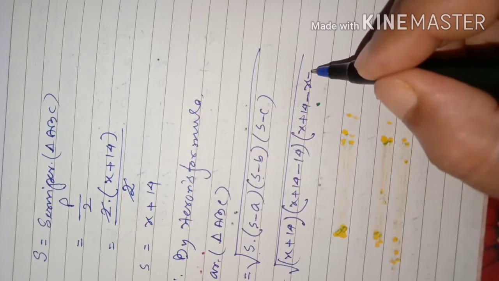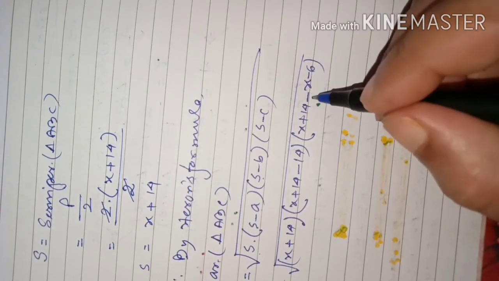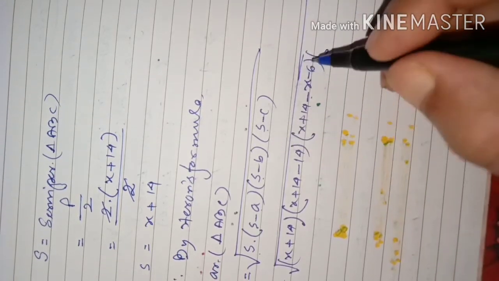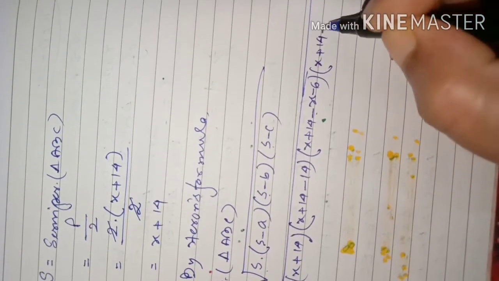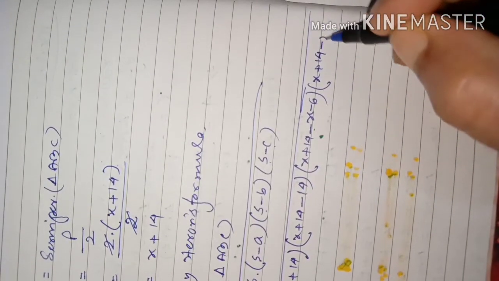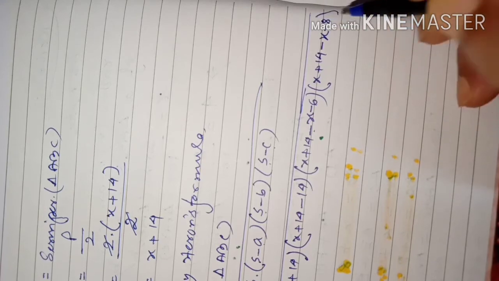Again S is x plus 14 minus B, another side, that is x plus 6, but the plus 6 will become minus 6 because minus is there in front. Again S is x plus 14 minus C, what is C? x plus 8, so that becomes minus 8, bracket closed.